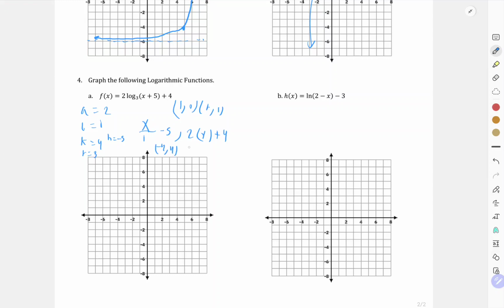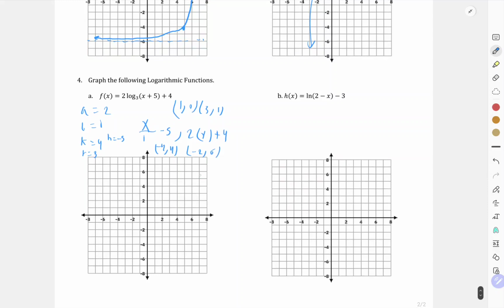Negative 4 and 4, that's our first one. And our R in this case is actually 3. So plugging in, it's just negative 2, and then 1 plugging into Y is just 6.